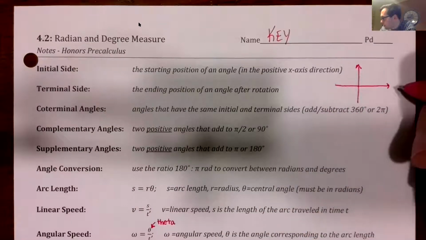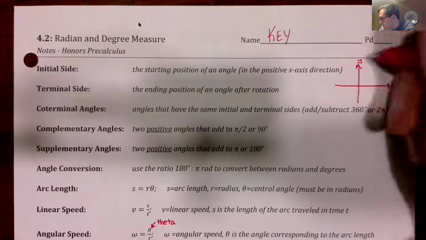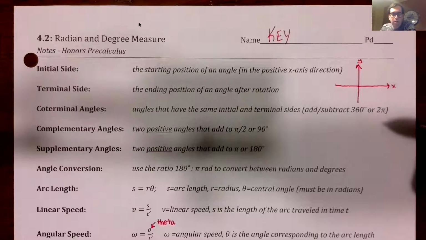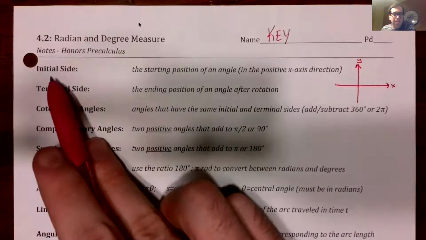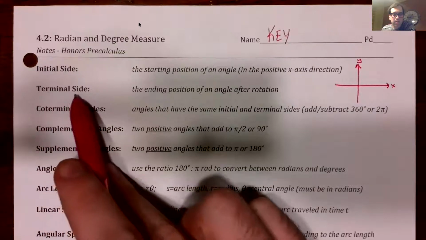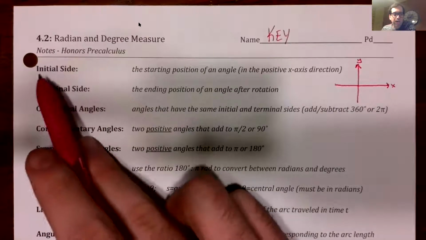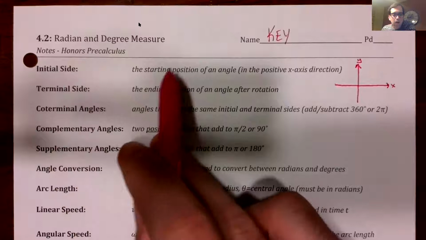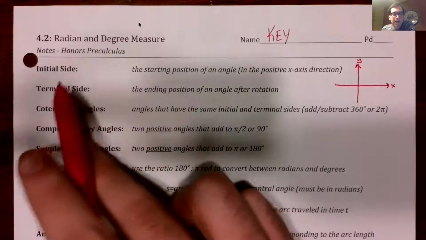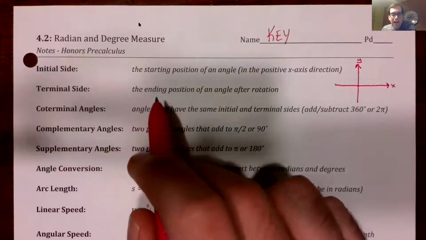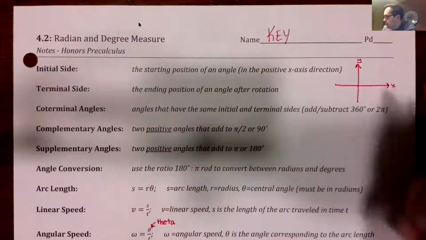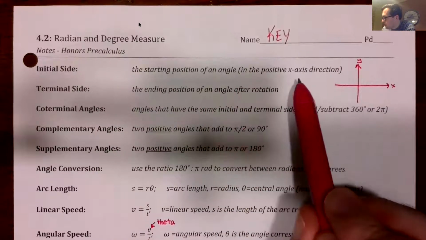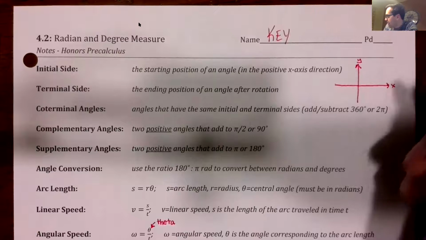So we're going to have our x and our y-axis that we're always going to be looking at when we're measuring angles, and we'll have an initial side and a terminal side of each angle, right? So initial side, you might be able to guess, would be the starting position, initial meaning the beginning, terminal side meaning the end. And the starting position, as you can see here, it's always going to be in the positive x-axis direction.